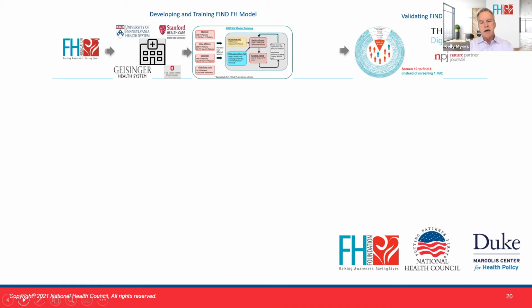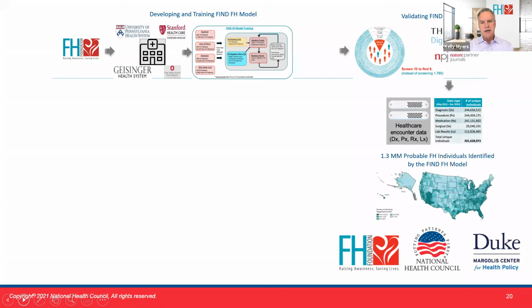These studies have been validated both in a publication in Lancet Digital Health as well as Nature Digital Medicine, and we're happy to get you the citations for those, if you will. So once we built the model from these 4 institutions, we further evolved the model with a national data set. Next slide.